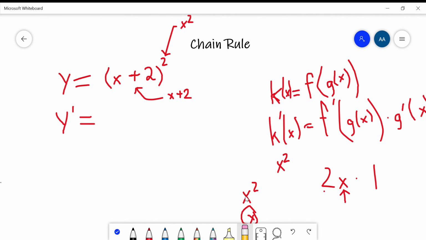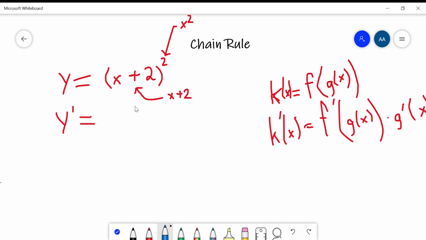So let me get myself some more space here, and I'll use a blue pen to solve for the derivative. Now, using that same concept, you can try doing it yourself, or you can watch this.